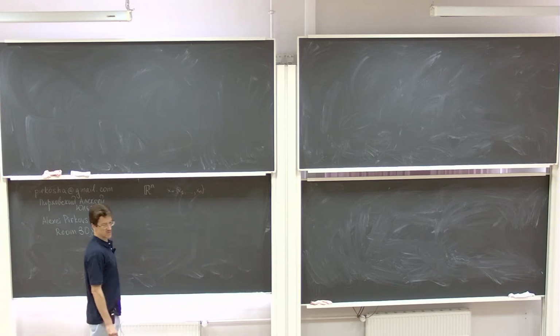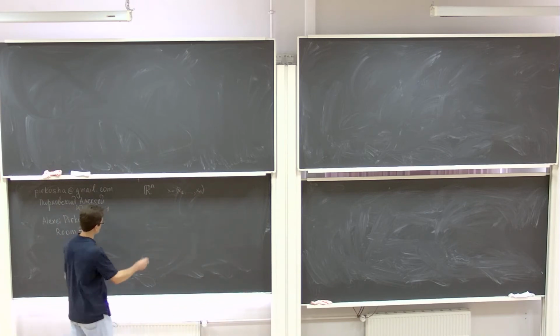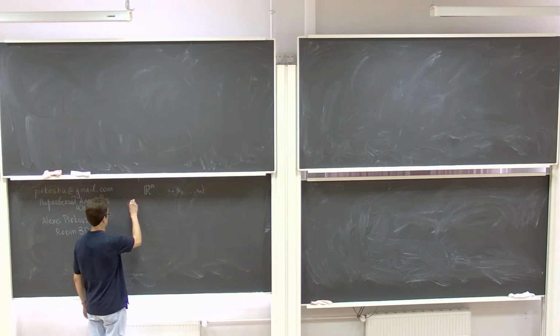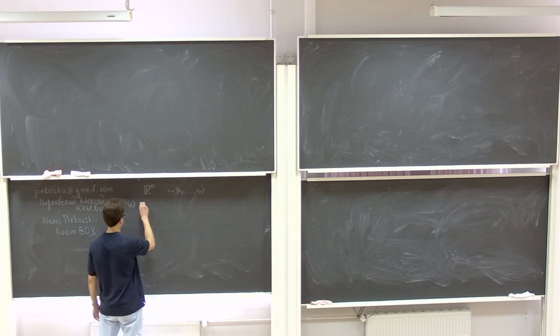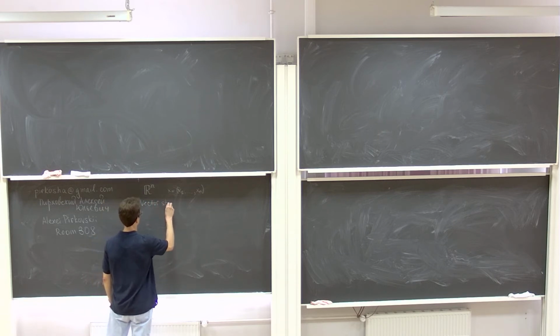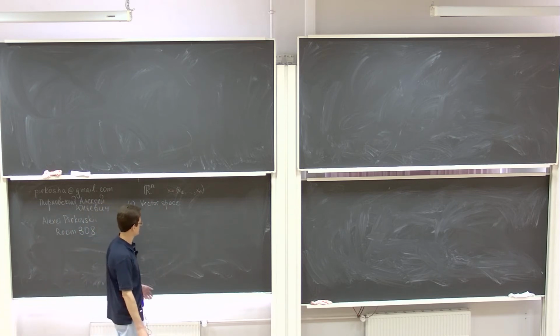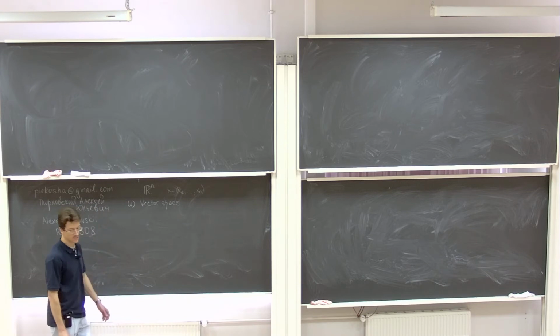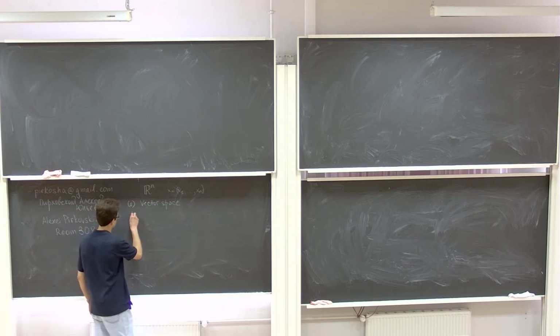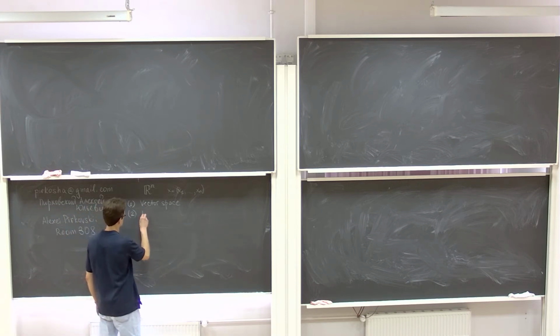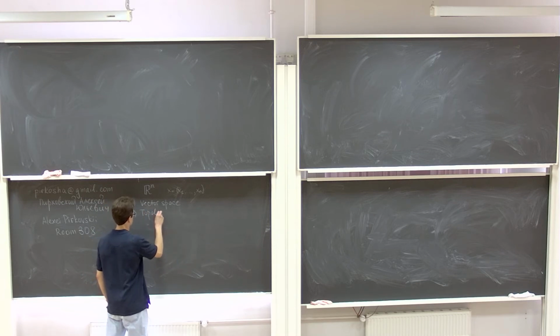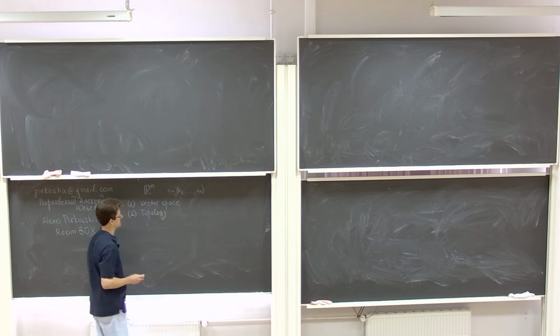So what can we say about this space? Well, first of all, we know from our linear algebra course that this is a vector space over the field of real numbers. So the algebraic operations are defined component-wise in the standard way. Second, we know that this space, Rn, has a canonical topology. So it is a topological space.